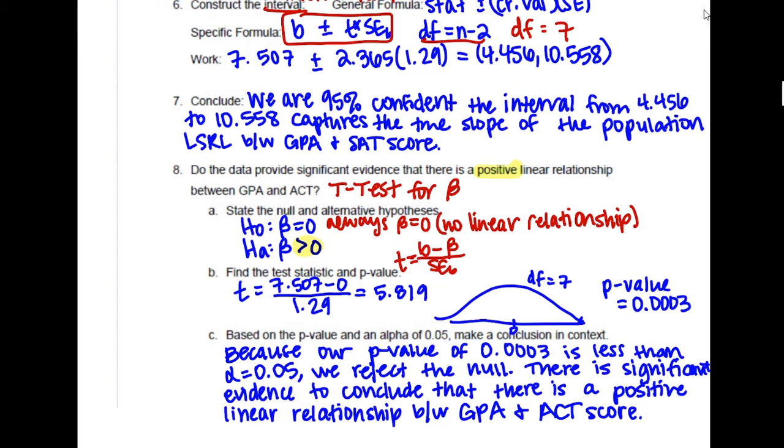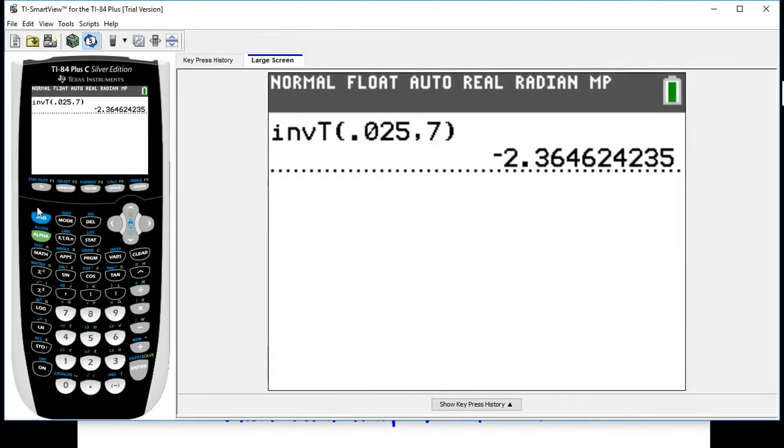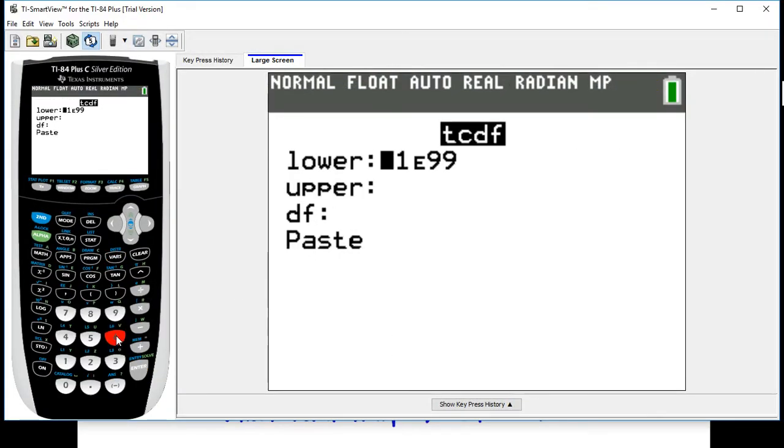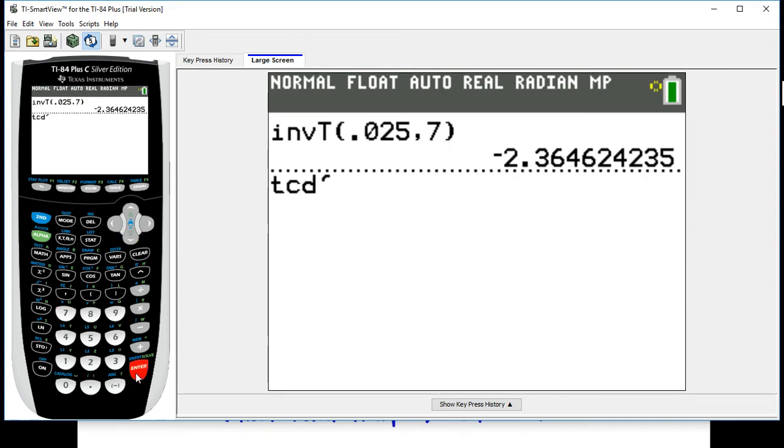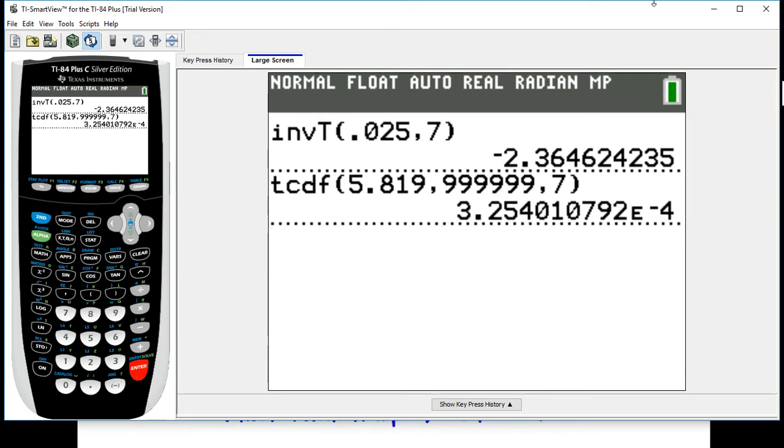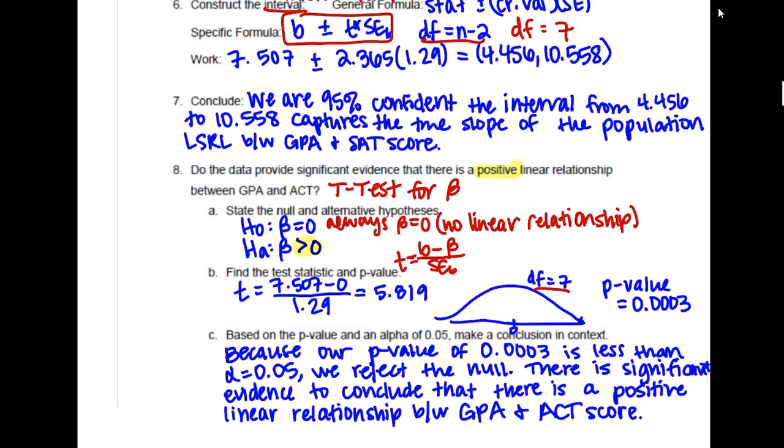It's really the T curve, put 0 in the middle, label your DF, and then we use TCDF. That was second bar 6. Our lower was our T that we got, 5.819. Our upper is 99999 infinity. Our DF was 7 still. Paste. And I got 0.0003. So that's my p-value. Okay, and then because it's a greater than sign, I don't double it or anything.